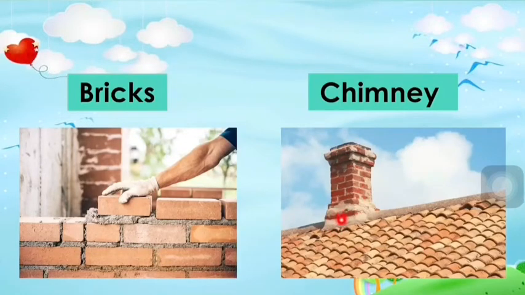Chimneys do not let smoke spread in the house. Rather, all the smoke goes out into the air, because you know smoke is harmful for health. Is it clear, children? The chimney is responsible for expelling smoke out into the air rather than spreading in the house.